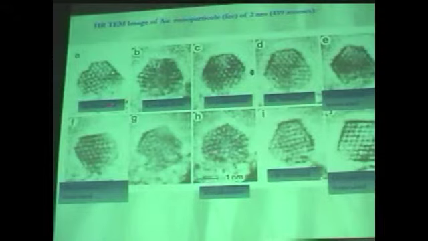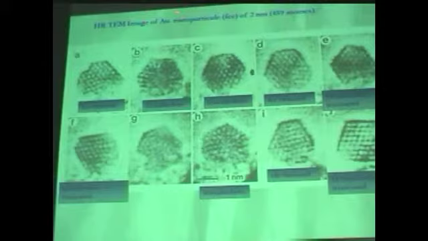I'll show you a series of HRTEM images for gold nanoparticles with FCC structure of 2 nanometers with 459 atoms. This series of images was taken in time under the electron beam. We start with a twinned FCC structure.